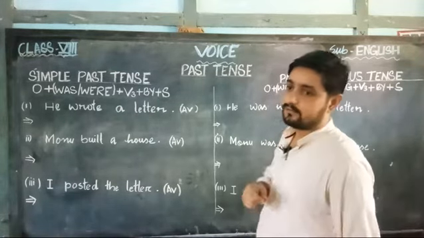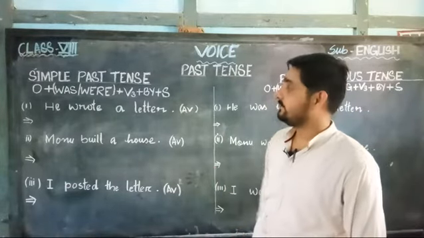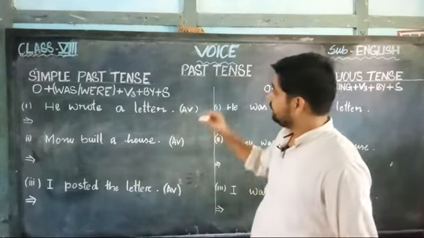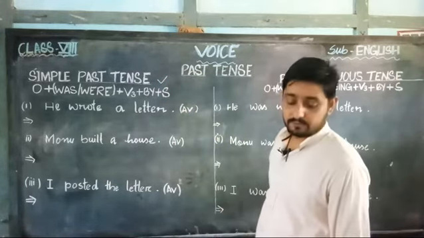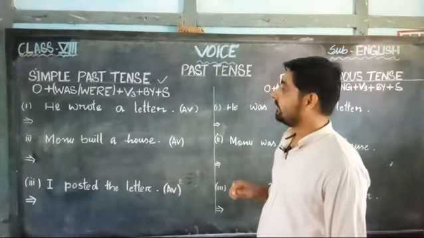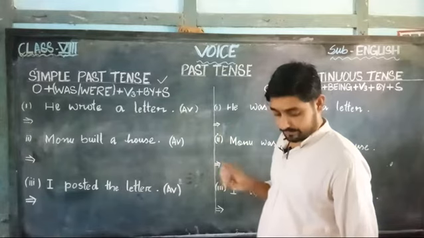In the last class also I gave you some rules to change active into passive. Here again, in simple past tense also, one rule is there. With the help of this we can change active into passive.